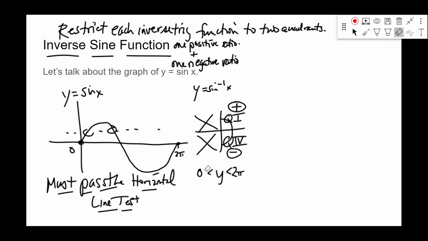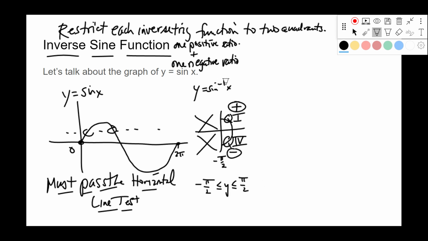So what we're going to do is instead of quadrant 4 being angles from 3 pi over 2 to 2 pi, which they are, we're instead going to call them negative angles, from negative pi over 2 to 0, because that allows us to write this.